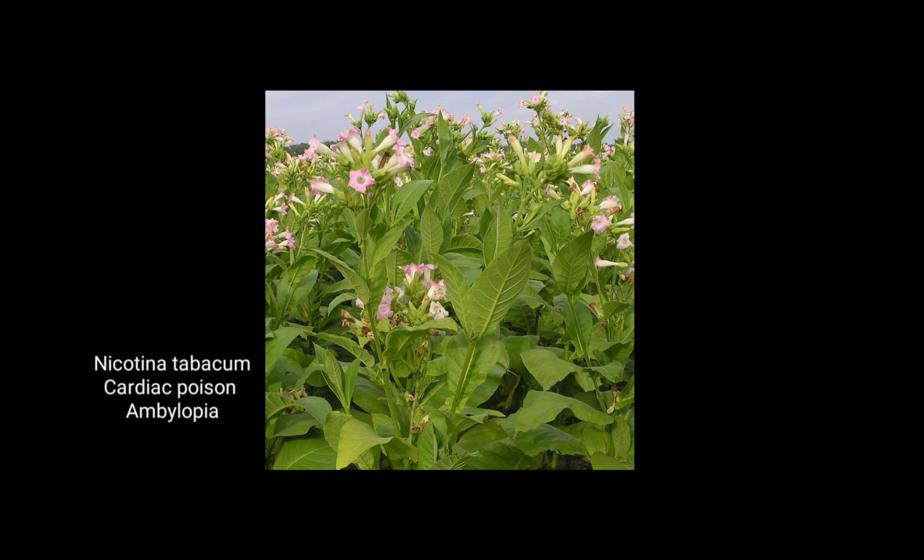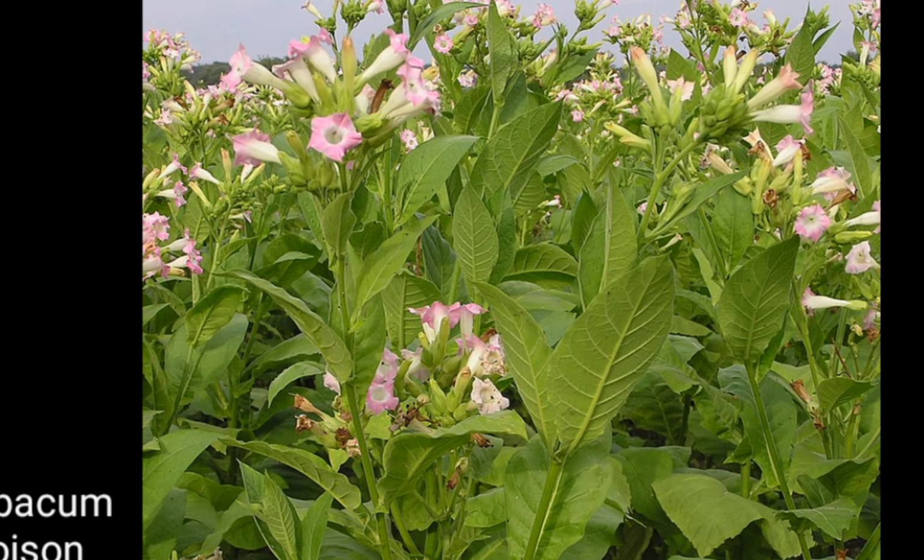Then the next picture is of Nicotiana tabacum. The poisonous substance released from it is nicotine, and it is a cardiac poison, and it can also cause amblyopia, meaning vision will be impaired. So how will we identify it?